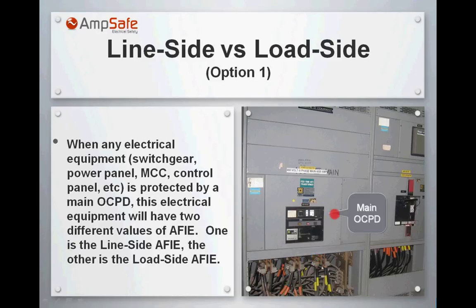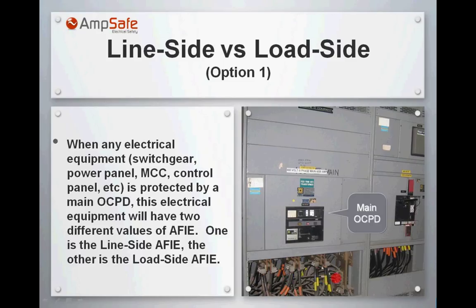So they're two different values. Sometimes they are the same, but a lot of the time, the value on the line side is much, much greater than the value on the load side.